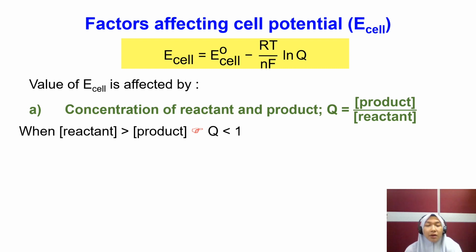When Q is less than 1, let's say 0.2, 0.4, what happens to the value of ln Q? ln Q will be less than 0.